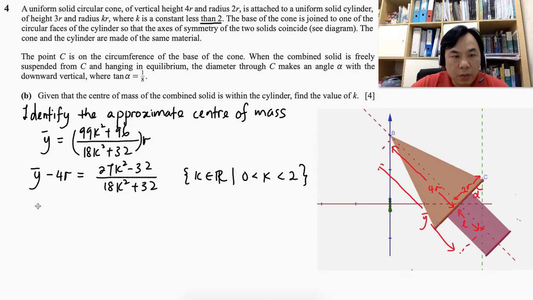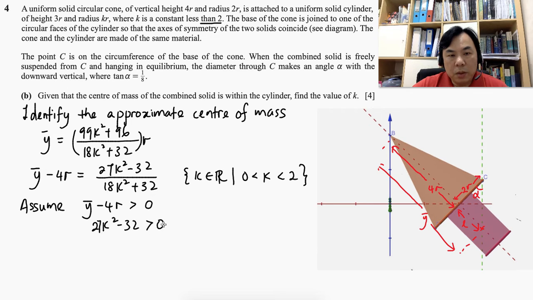Here, if I make an assumption, if we assume y minus 4r is greater than 0 here, therefore we notice that the denominator must be positive, so 27k square minus 32 must be greater than 0, so k square must be greater than 32 over 27.